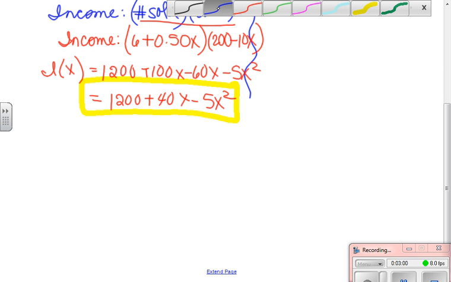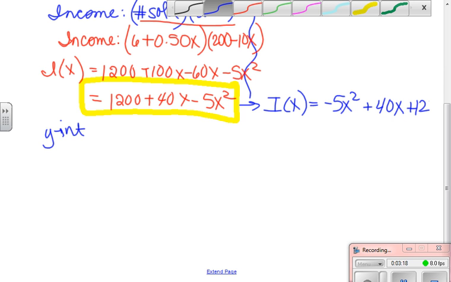Our y-intercept, if we go back to our graph: income of x in standard form is -5x² + 40x + 1200.